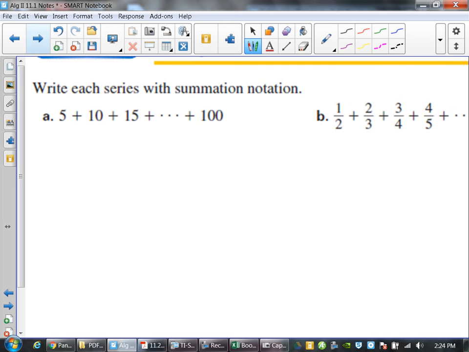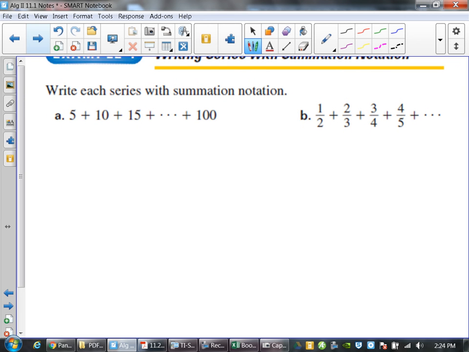So let's do both of these in terms of summation notation and then find the sum of them. The first one we have 5 plus 10 plus 15 plus blah, blah, blah, plus 100. That blah, blah, blah means the pattern continues between 15 and 100. Everybody okay with that? So what's your rule? 5n.